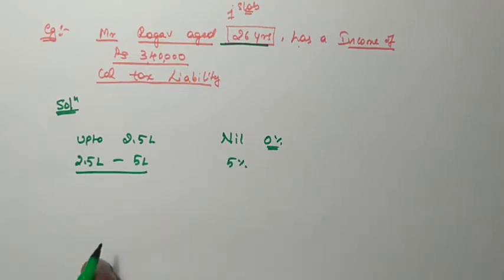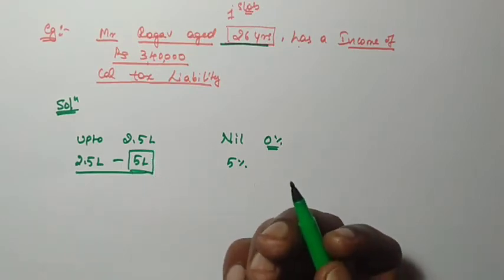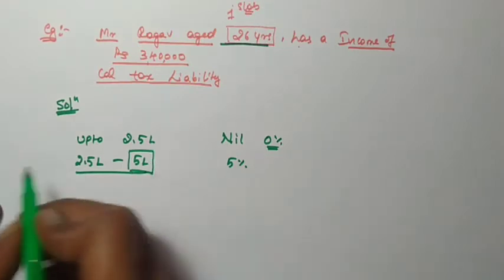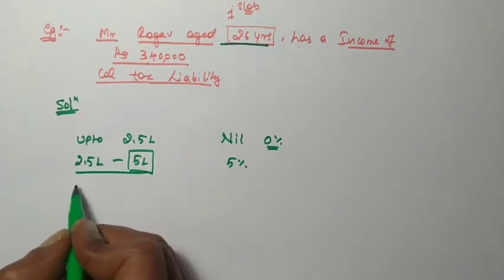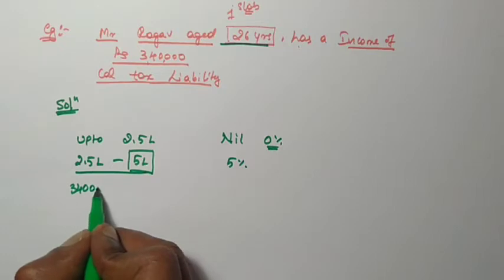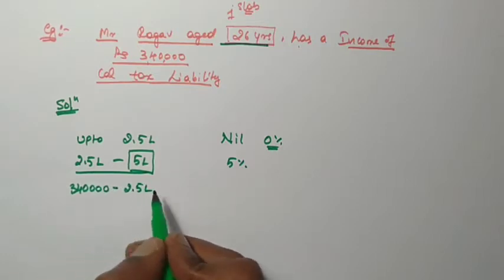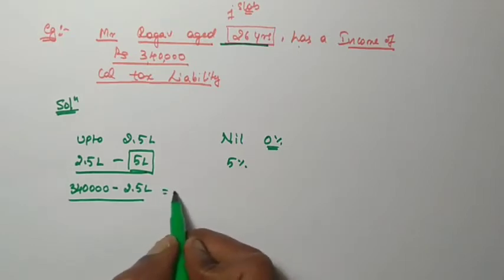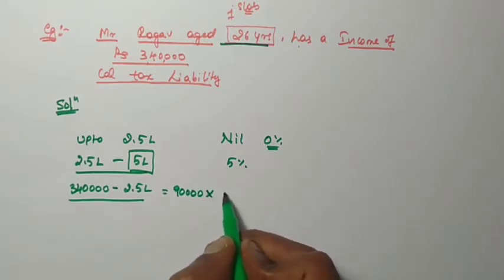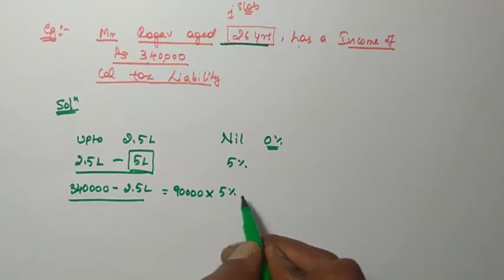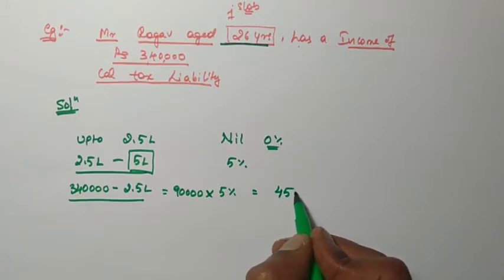So his income is under 5 lakh, that is on 3,40,000 minus 2.5 lakh, on 90,000 we should levy tax of 5%, which equals 4,500.